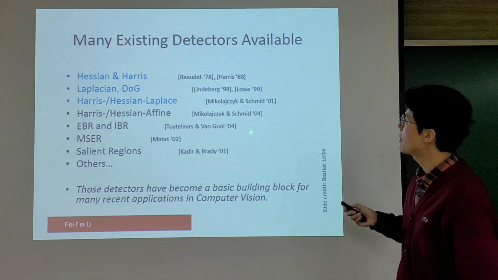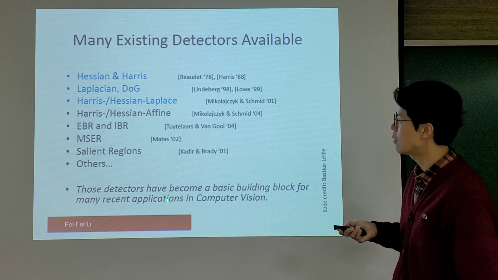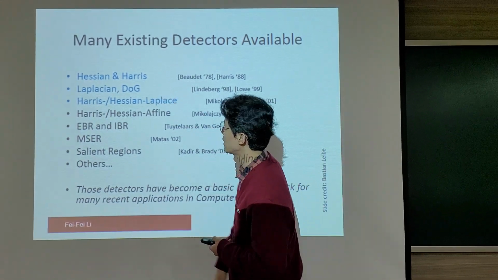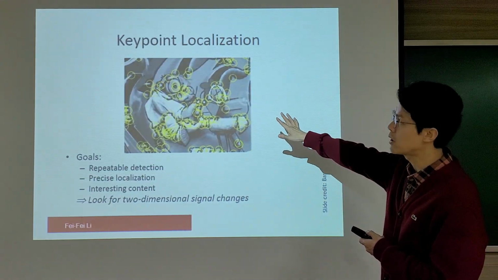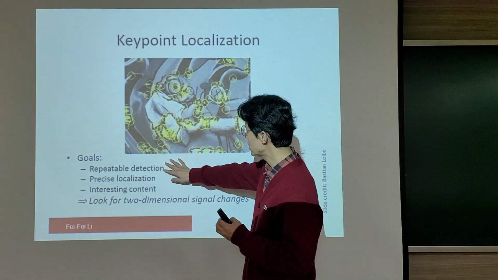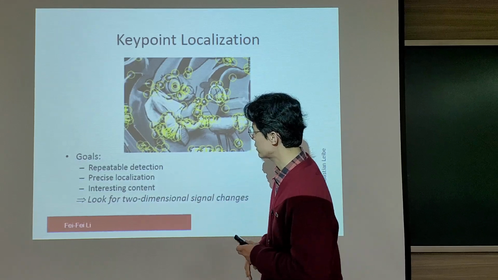Early on, there were many detectors like Hessian, Harris, Laplacian, and so on. But in this class, we will briefly talk about the Harris corner detector. Again, the key point, also known as key point localization, should be repeatable. We need to do repeatable detection and precise localization, and that point should be an interesting point, right?